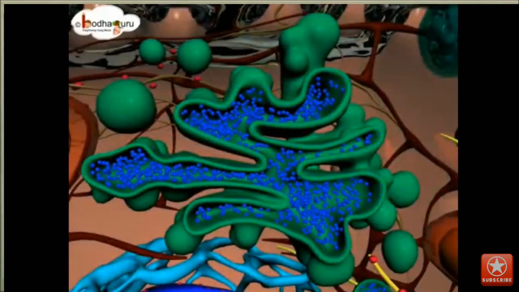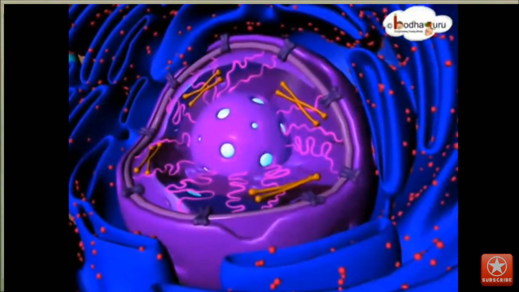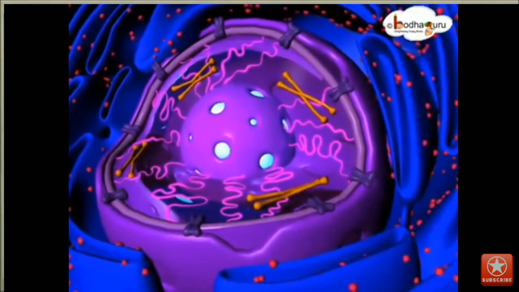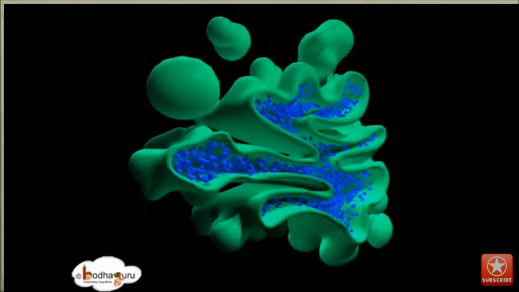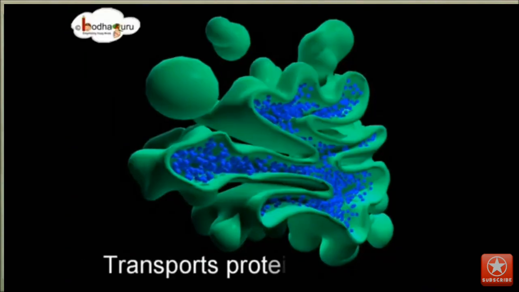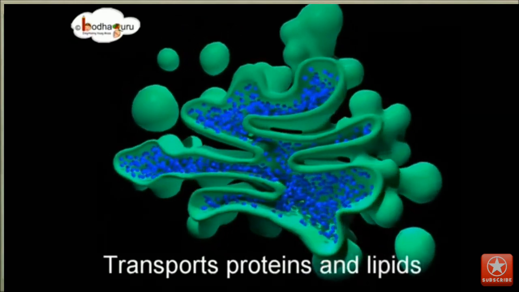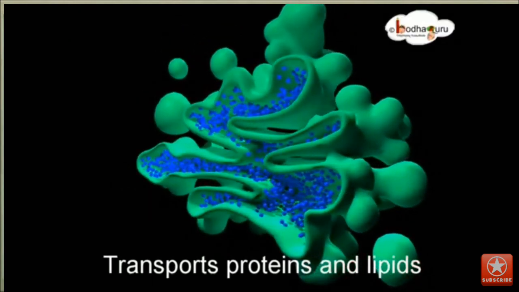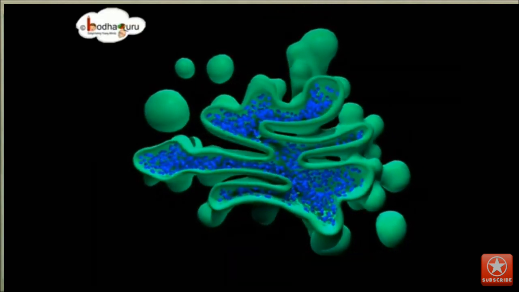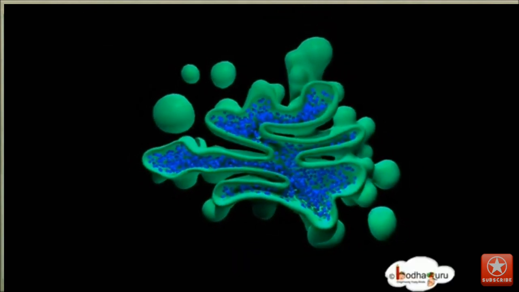It is located in the cytoplasm next to the endoplasmic reticulum and near the cell nucleus. The Golgi apparatus is responsible for transporting, modifying and packaging proteins and lipids into vesicles for delivery to targeted destinations.